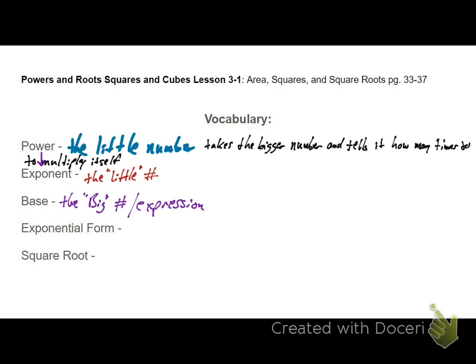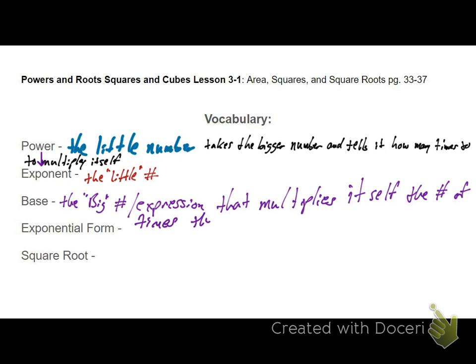So this is the big number or expression that multiplies by itself, the number of times. This is also day 2 of what Mr. Bourne's handwriting looks like. It gets sloppier the faster I write because I feel like I need to go fast.